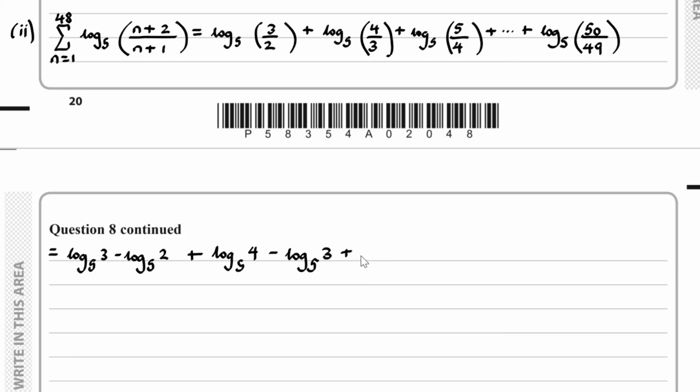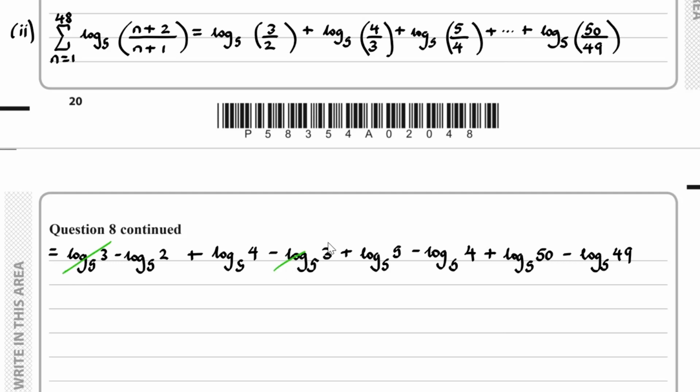And for this term, that's log base 5 of 5 minus log base 5 of 4. And we can continue this up to the final term, where we have log base 5 of 50 minus log base 5 of 49.